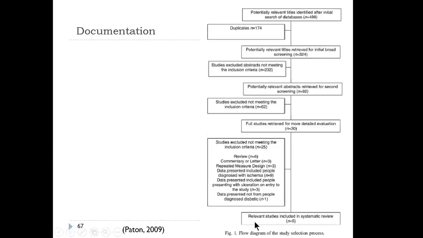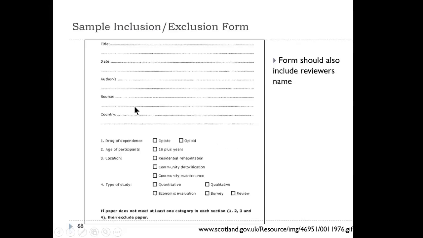So this is one example of a flow diagram. You need to have a flow diagram documented. And this one is a sample form for inclusion and exclusion. Actually, you don't have to do it this way if you are using Rayyan.